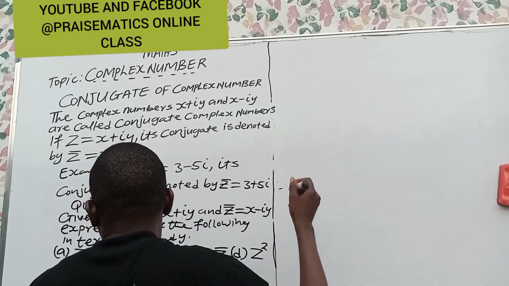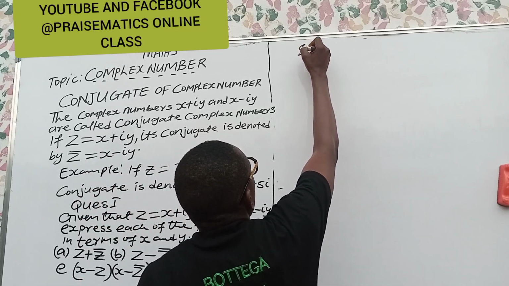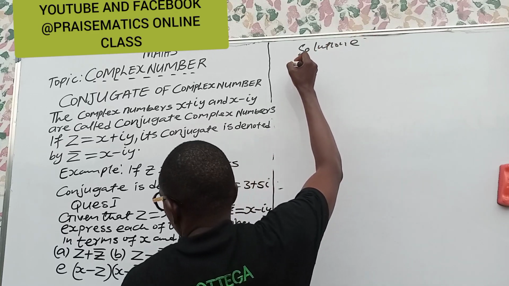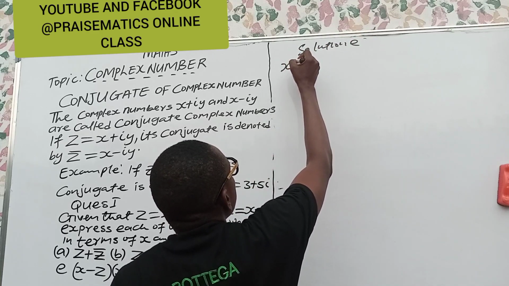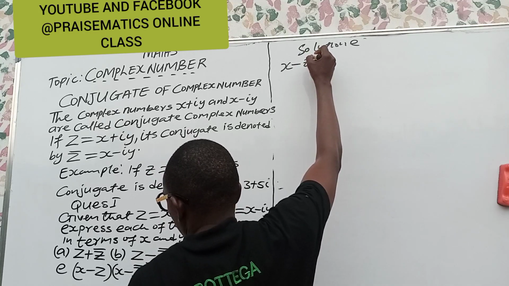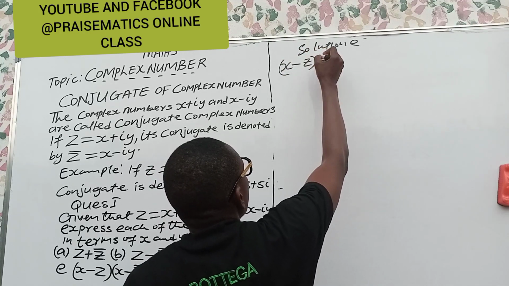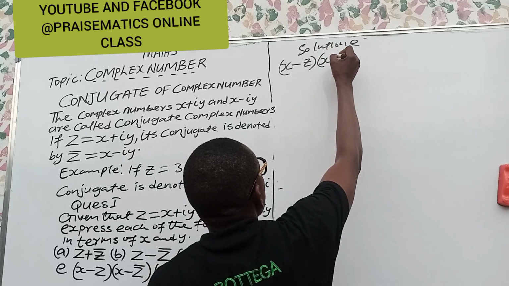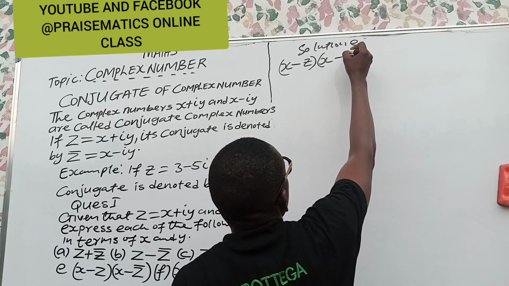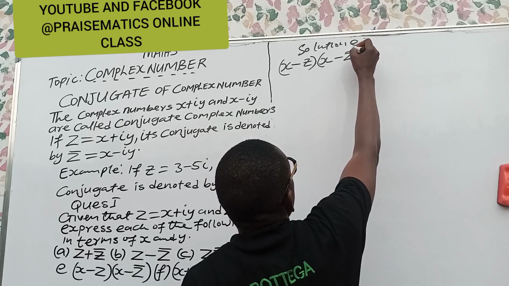Solution E, we have x minus z into x minus z bar.